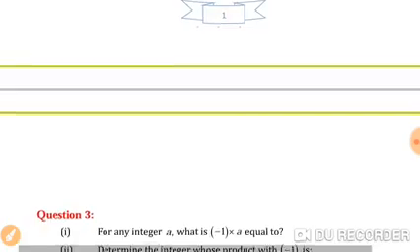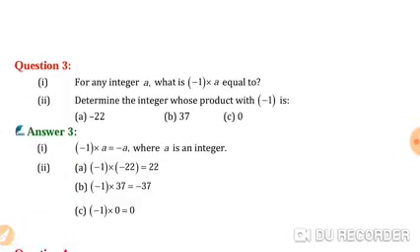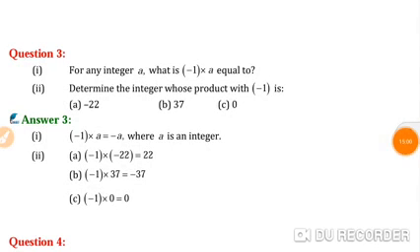So we can go for question number 3. See question number 3, first question in that: for any integer a. Here, for any integer a means you can take any integer. In place of a, you can choose 2, -4, -12, like this, any integer. What is -1 into any integer?